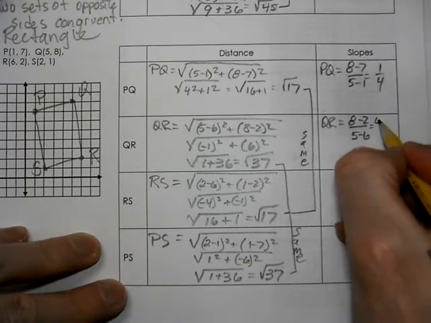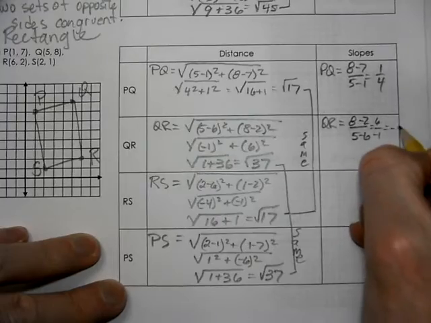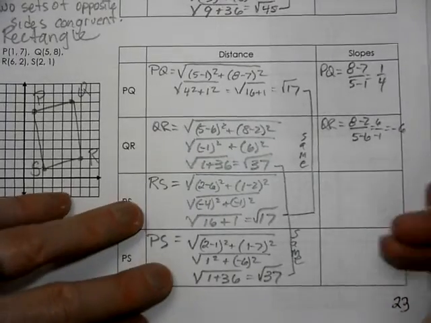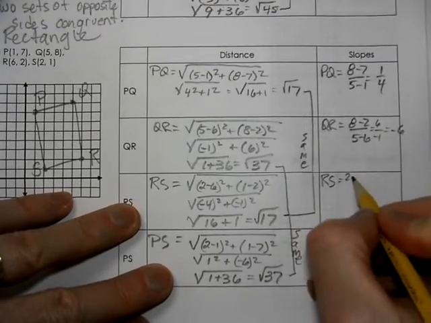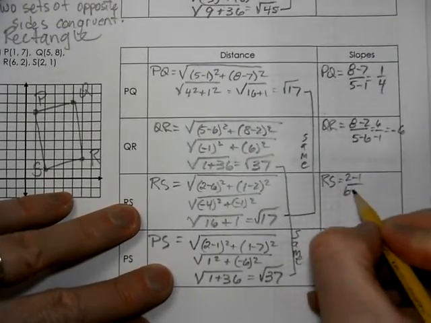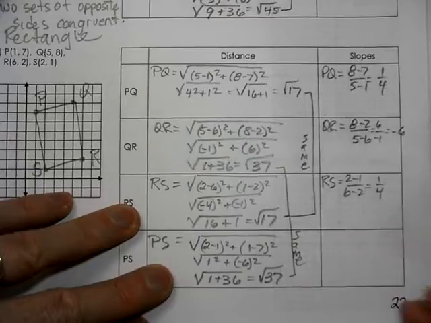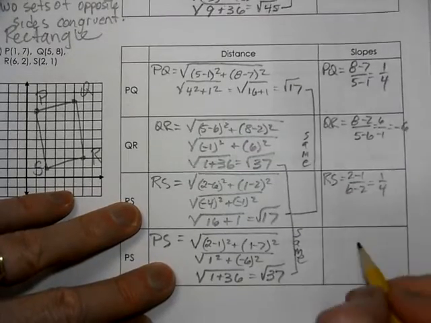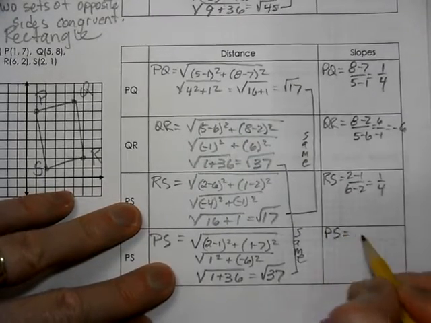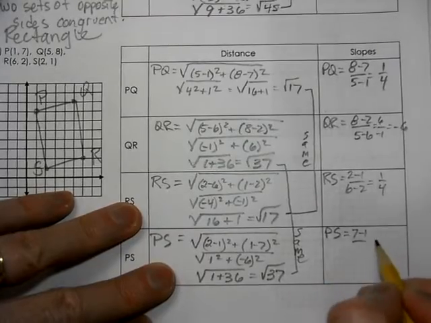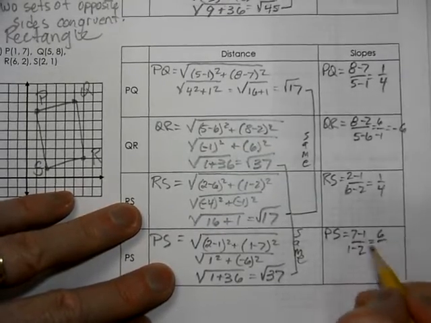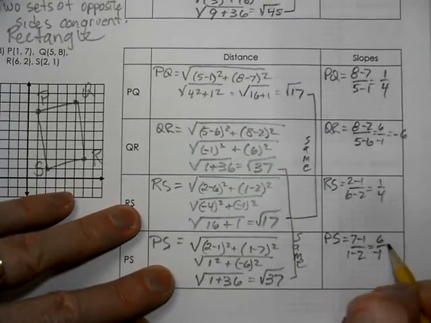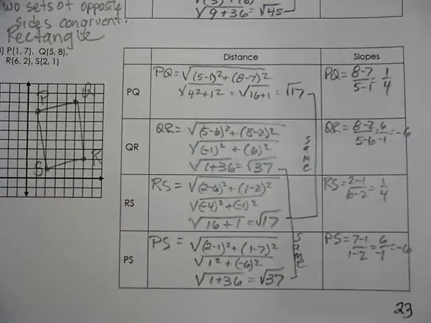That reduces to 6 over negative 1, which is negative 6. RS reduces to 1/4. And then PS reduces to 6 over negative 1, which is negative 6.